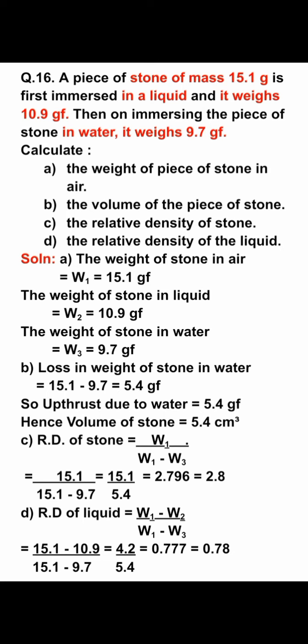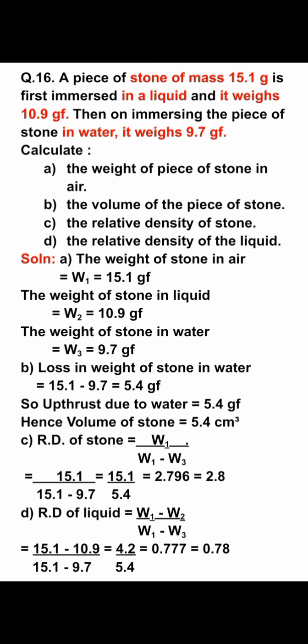Solution. The weight of stone in air is W1, which is 15.1 gf. Then the weight of stone in liquid is W2, given as 10.9 gf, and the weight of stone in water is W3, given as 9.7 gf.